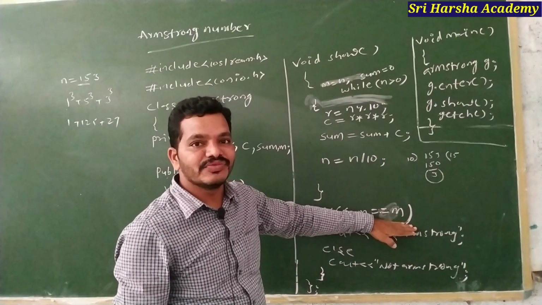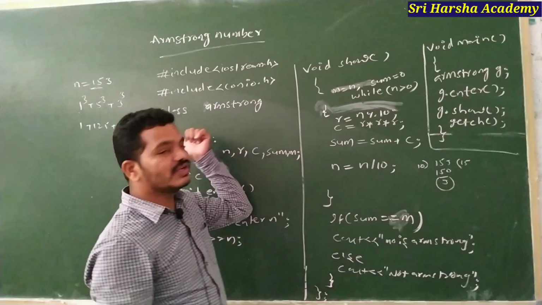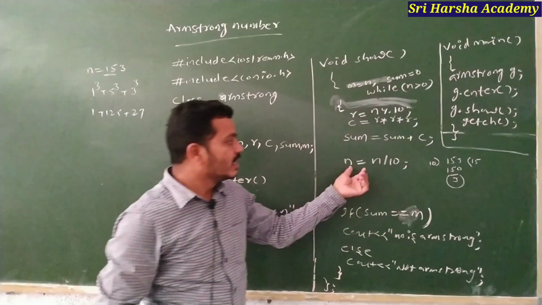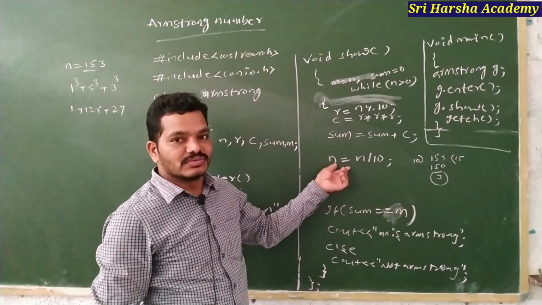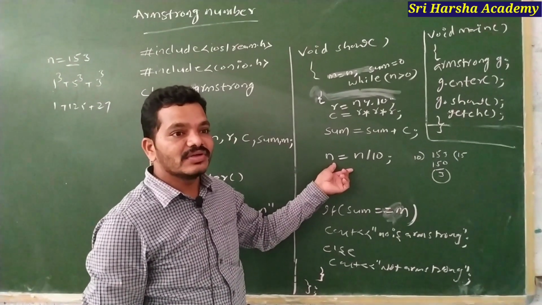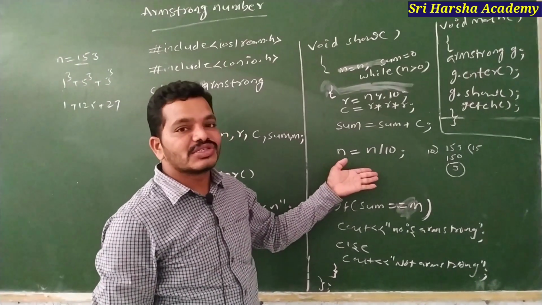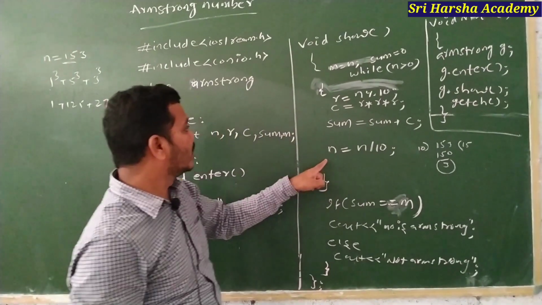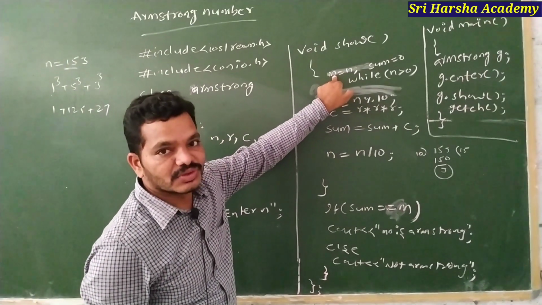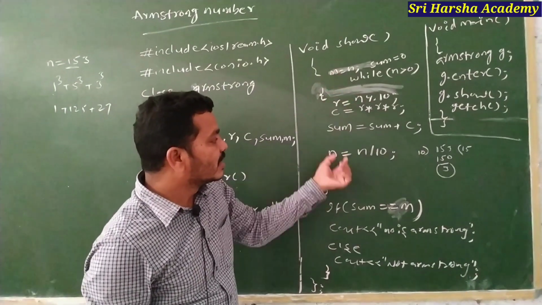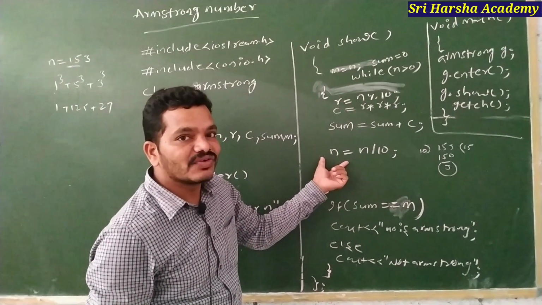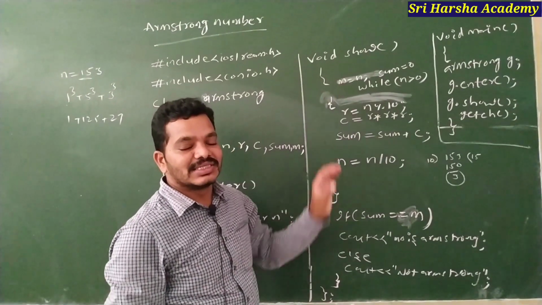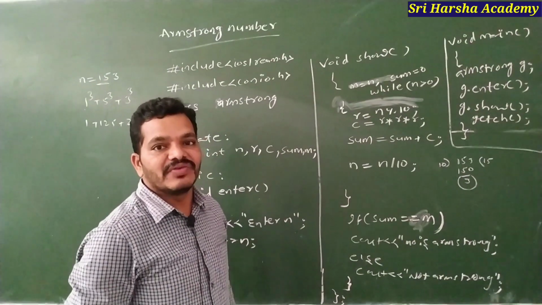I am using the m variable because initially the n value is 153, but we keep changing the n value till n is 0. That's why I assign the n value to m. So finally we check the final value of sum, which is compared with m.